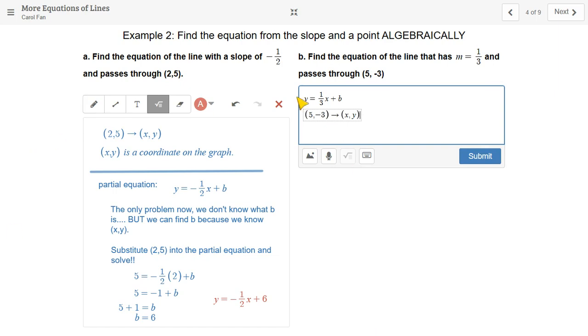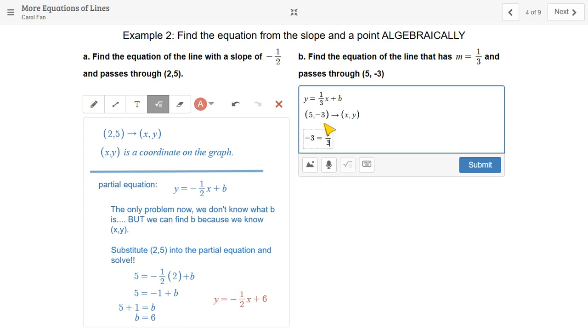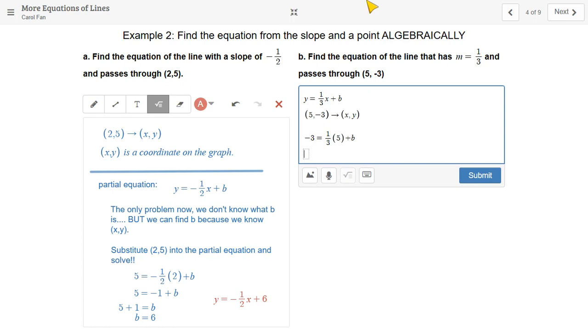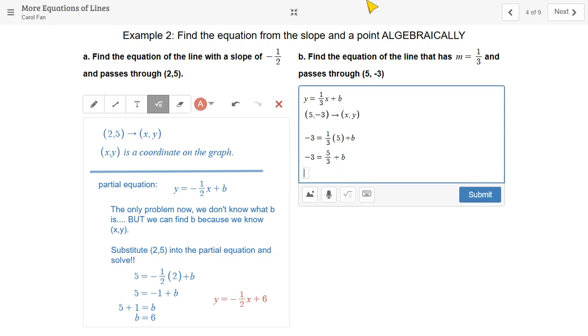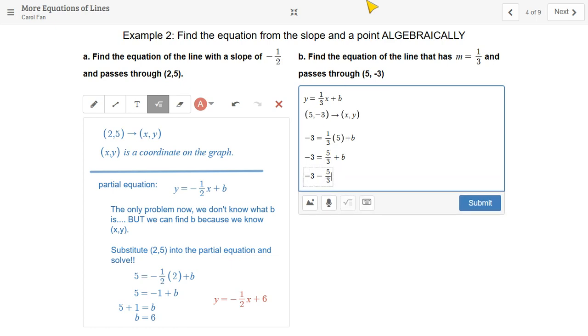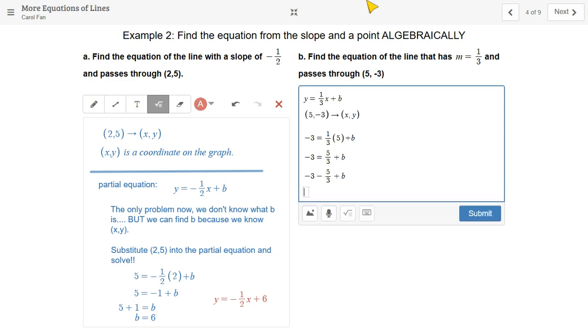Let's substitute this back into the equation so that we could solve for b. Negative 3 is equal to 1 over 3 times 5 plus b. Negative 3 is equal to 5 over 3 plus b. Negative 3 minus 5 over 3 is equal to b. Let's get a common denominator of 3.